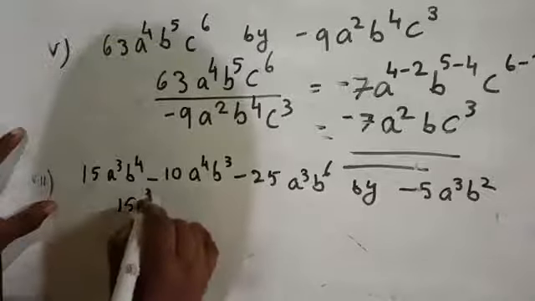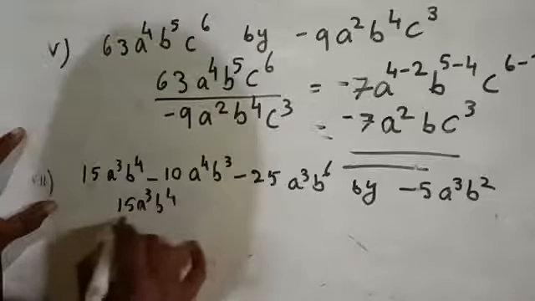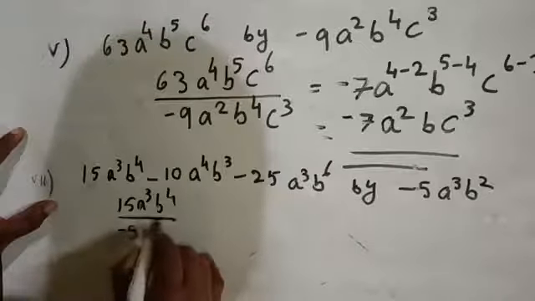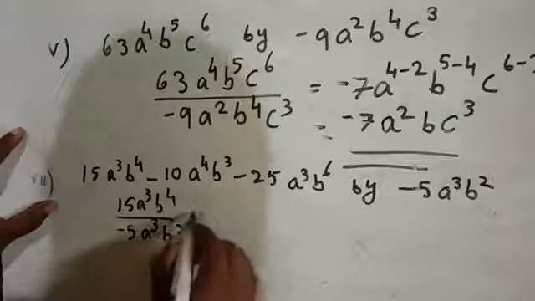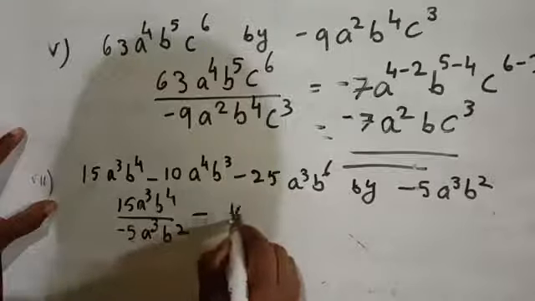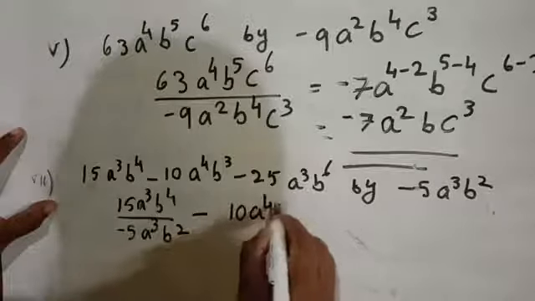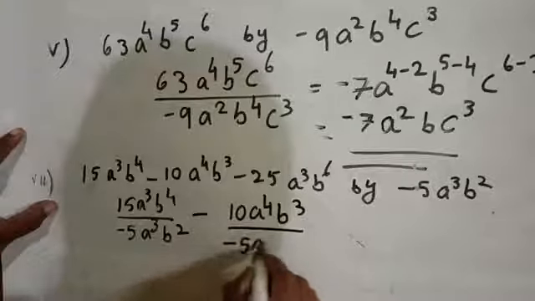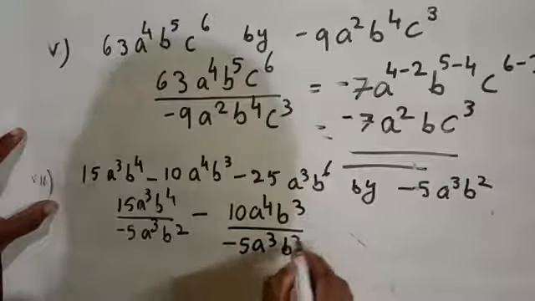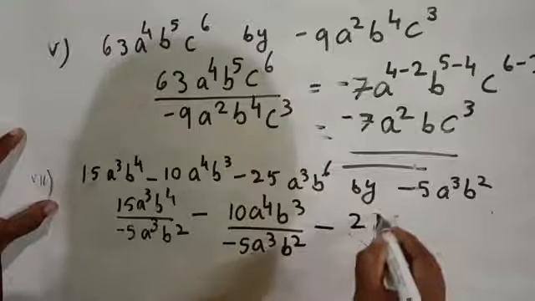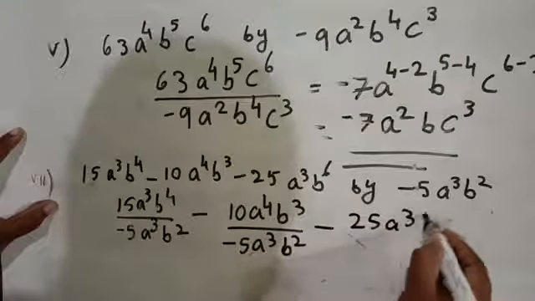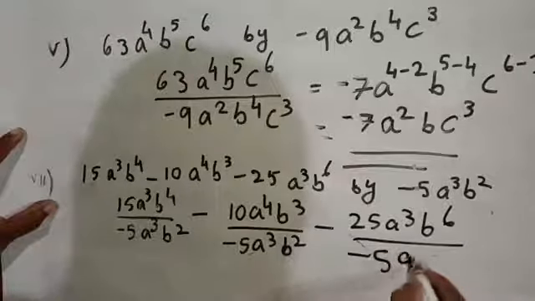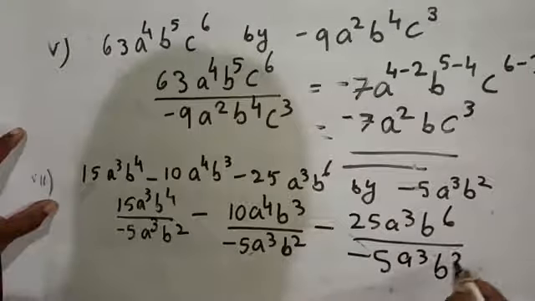15 a cube, b raised to 4 by minus 5 a cube, b square, minus 10 a raised to 4 b raised to 3 by minus 5 a cube, b square, minus 25 a cube, b raised to 6 by minus 5 a cube, b square.